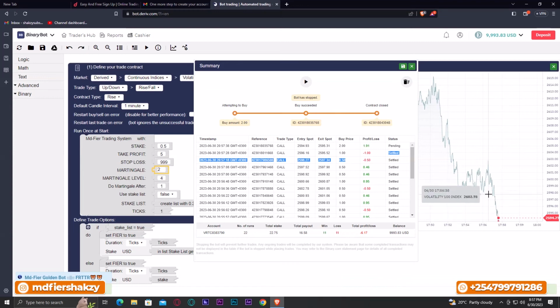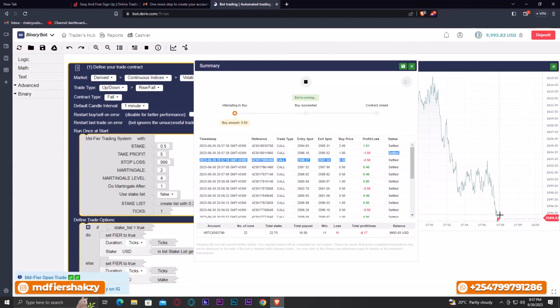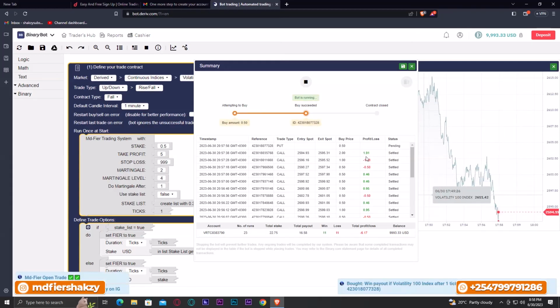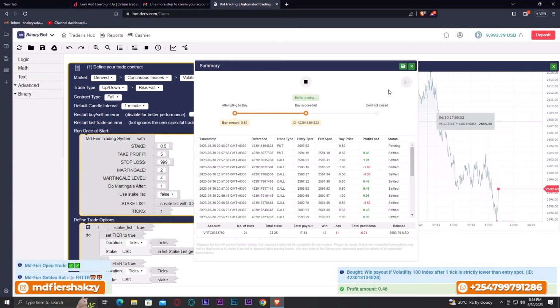You see now the market is, let me change this, let it trade fall, since I'm seeing the market has started falling. So when it trades with 2, it wins 1.91, meaning it has recovered the 2 losses. That's how trading works. But now all this depends on the contract type.